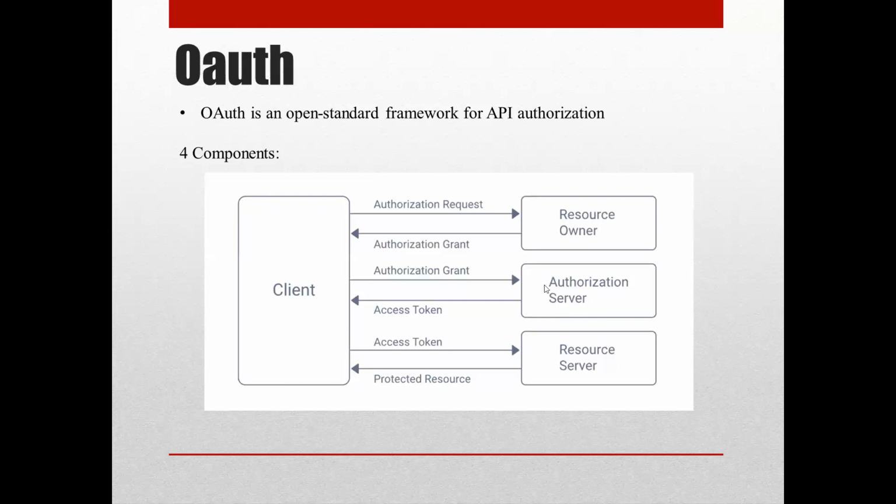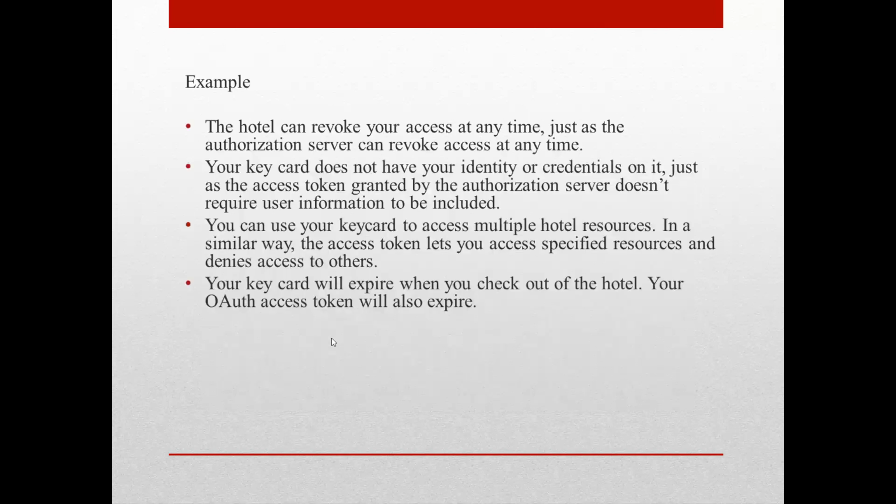So it will be generating the token and providing it to LinkedIn. And LinkedIn, using that particular token, will be requesting the resource server, please send me the protected information which I want. So the resource server will be sending the information to LinkedIn. So let's take this simple example. Okay.